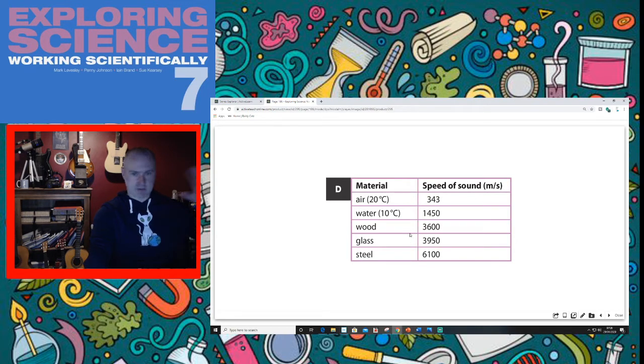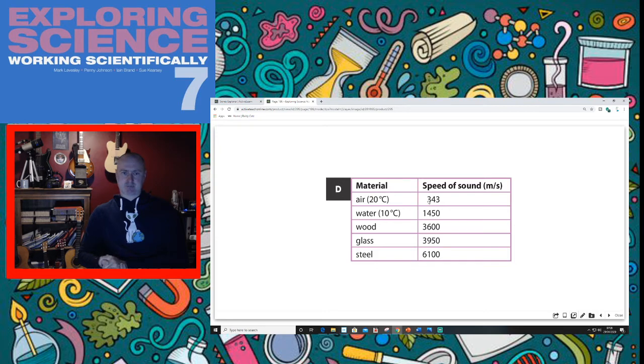It's not a case that it travels at one speed in gases, one speed in liquids, one speed in solids. The type of solid or the type of liquid or even the type of gas is going to make a difference. But in air, it travels about 343 meters per second, which is a fraction of the speed of light, which is 300 million meters per second.